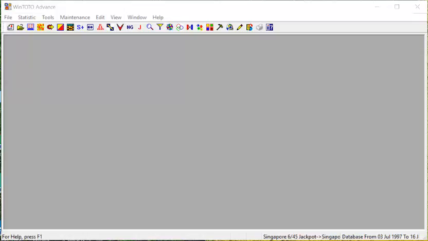And in the year 2006, in Singapore, we had the Lunar New Year Hong Bao draw. We had a total of 55 members who participated in this Toto polling with us, and we won for ourselves a Group 2 jackpot prize. It was a 5 plus 1 winning number, and it was the WinToto Advanced software that generated these winning numbers for us.